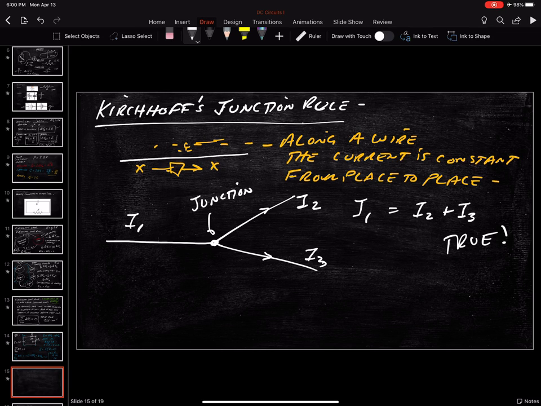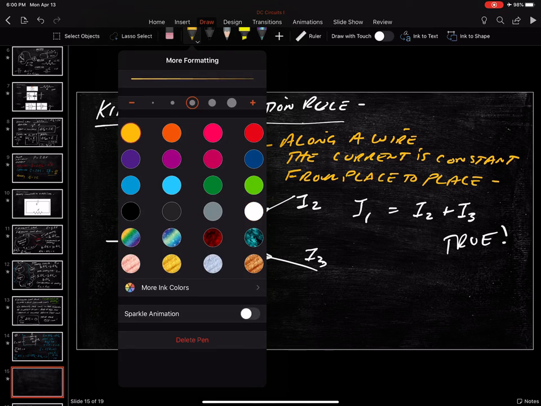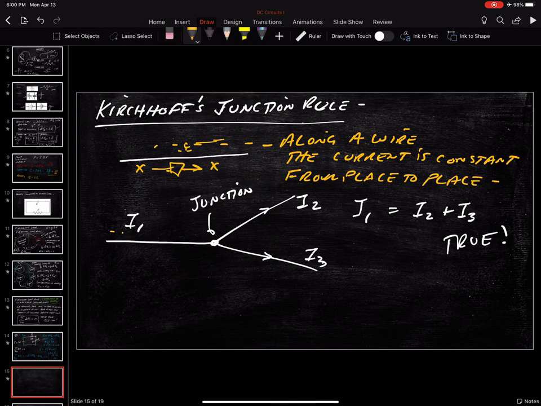So where is this coming from? This comes from the fact that if you have charges coming in, the charges don't get lost. The charges don't get stuck in the junction. Whatever charge flows into this junction in a certain time has also got to flow out of that junction in the same amount of time. Why?